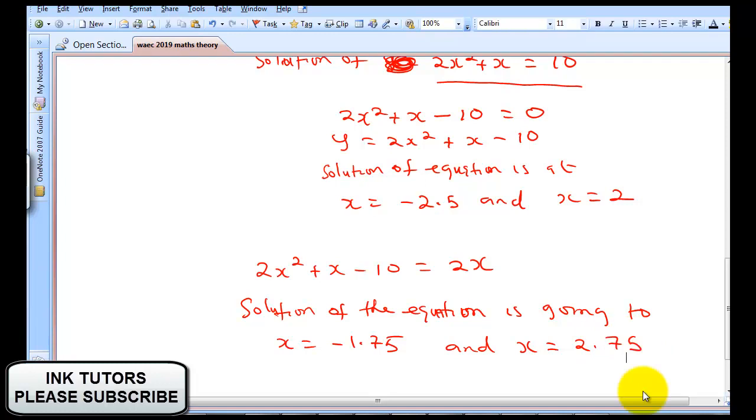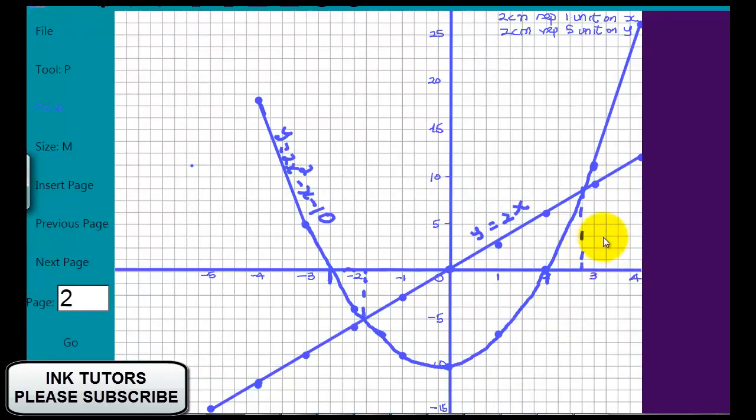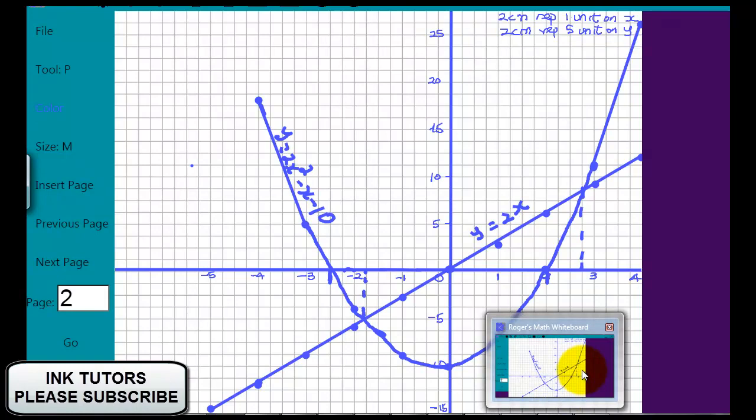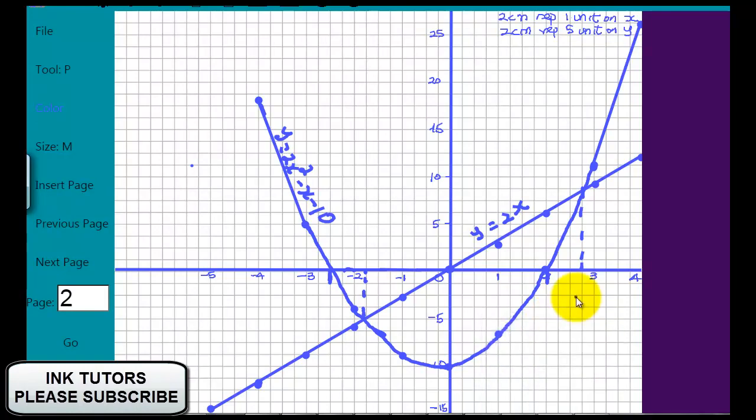So we saw that here is 2.75 and here is going to be minus 1.75. So that is exactly how to solve your graph question and answer all the questions. Another question that could come out, you could be asked to draw a tangent and find the slope. So you should understand how to draw your tangent, a straight line that will touch the point, then you calculate your slope. If you understand this graph question very well, I don't think you're going to encounter any challenge in graph.